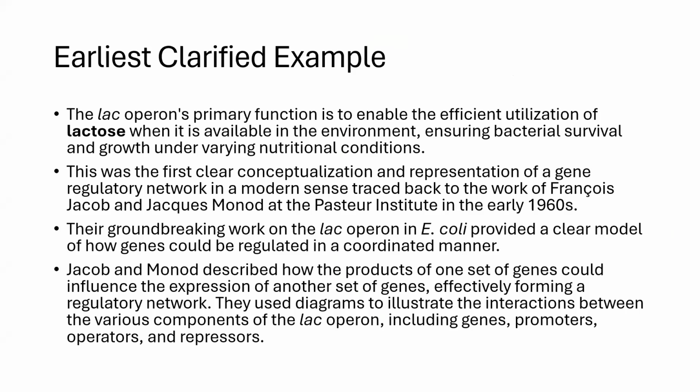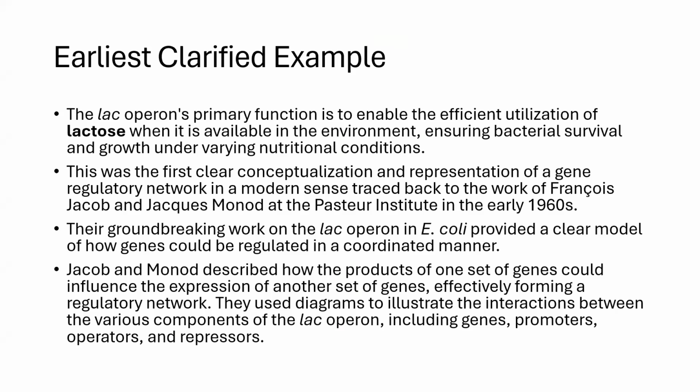The earliest clarified example of a genetic regulatory network is the lac operon. It was first clarified by Francois Jacob and Jacques Monod at the Pasteur Institute in the 1960s. The lac operon provides a clear model of how one gene can be regulated by another in a coordinated manner.